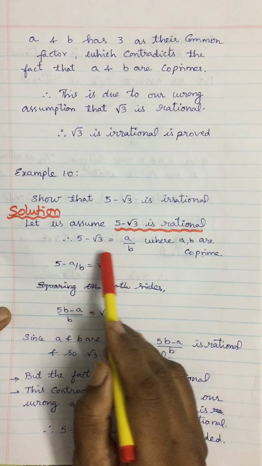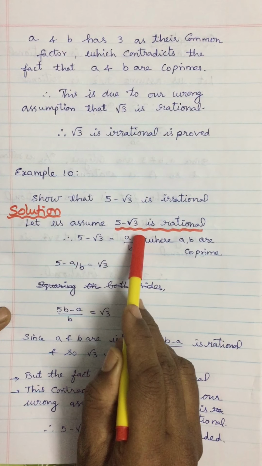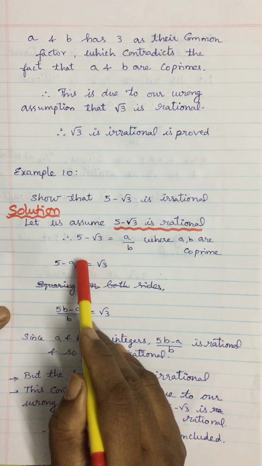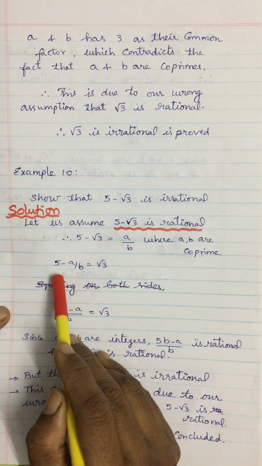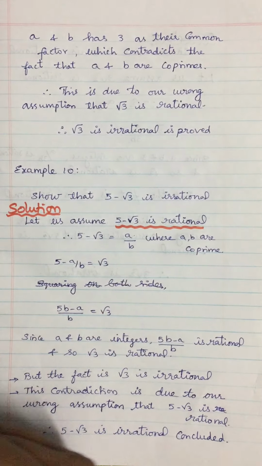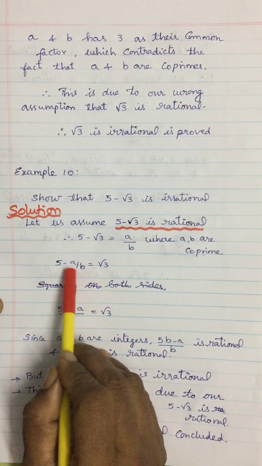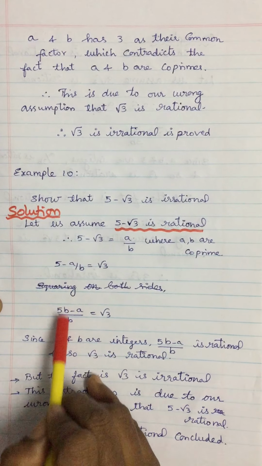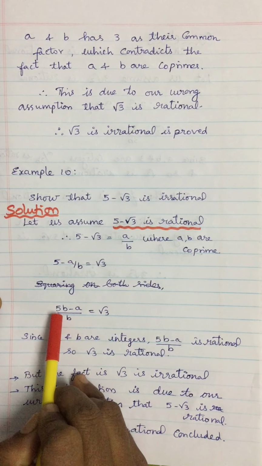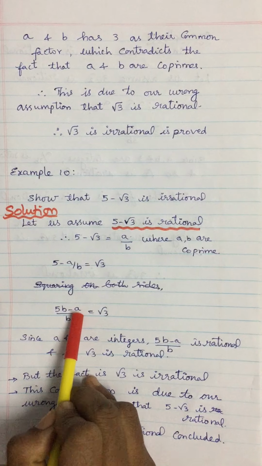So 5, you bring this root 3 to the right hand side, and a by b to the other side. That is, I am segregating all the integers to one side and all the root numbers to the other side, right. So after bringing all the integers to one side, I am taking the LCM for these two numbers. So the denominator is b, and in the numerator I am getting 5b minus a.